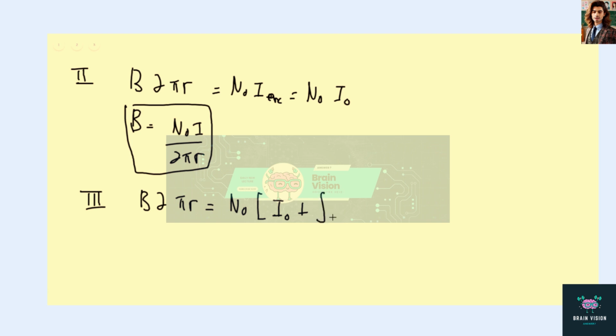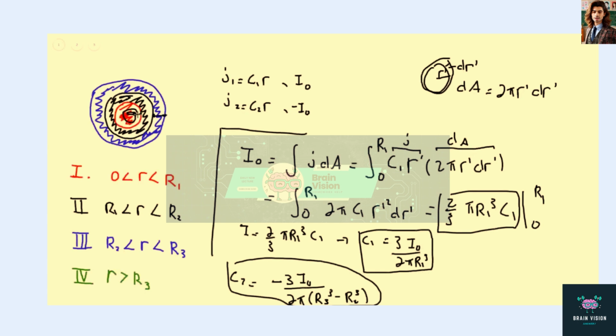we need to integrate, and so we integrate from the start of that region, R2. So really we'd be integrating from R1 right here, but I know there's no current from R1 to R2, so it's going to give us 0. So we can just integrate from R2 out to whatever point we happen to be at in the blue.